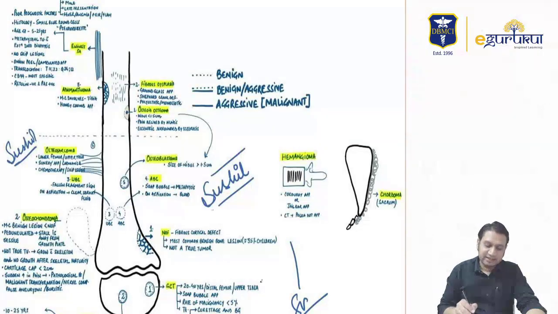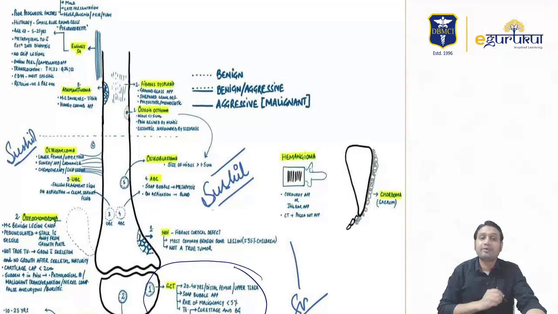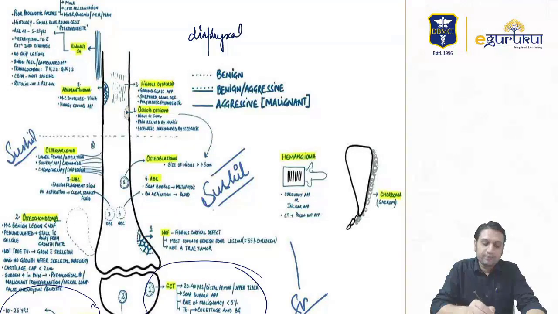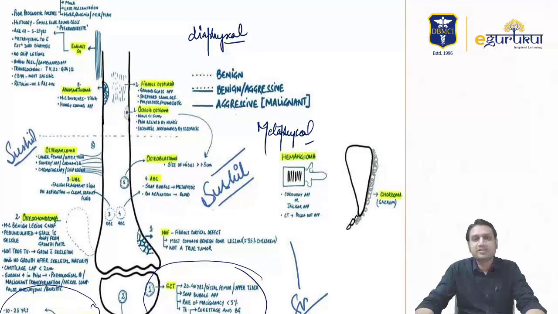You can see that the GCT is over here and important points have been mentioned: eccentric, chondroblastoma, central lesion, then 6 lesions in the metaphyseal area, 4 lesions in the diaphyseal area. That's how I have drawn this image. It is available on all the social media platforms wherever I am present. If you want me to share it again, just send a message on any of the groups, and I'll be happy to share it, right?